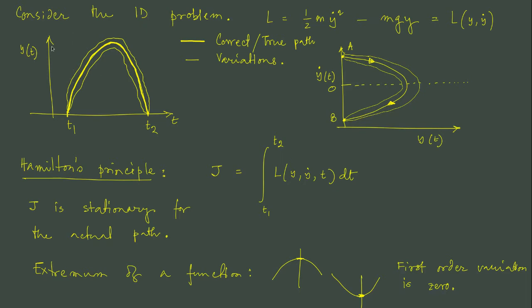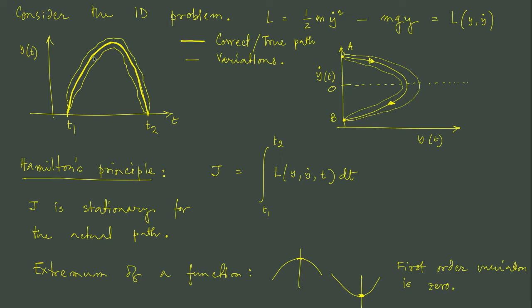Now, we have already seen that if you solve the equation of motion and apply the initial conditions, you get the true path, which is a parabola. It is shown here using the thick yellow line.